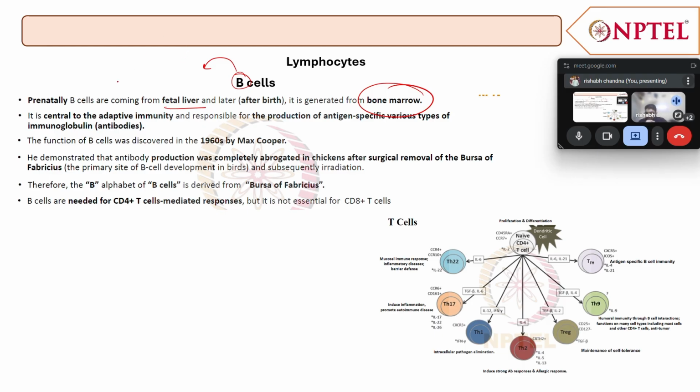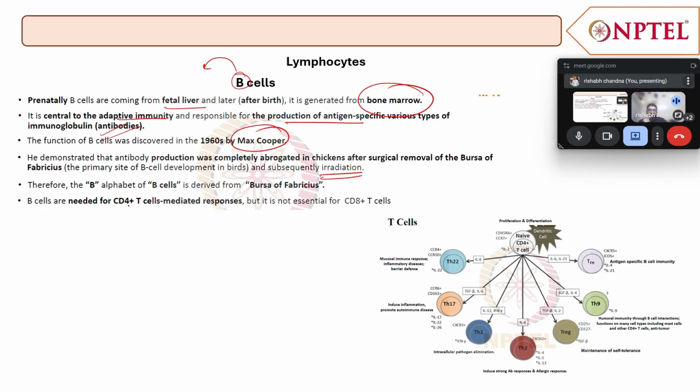It is central to the adaptive immunity and helps in the production of antigen specific antibodies, that is immunoglobulins. This was discovered by Max Cooper, who demonstrated that production of antibody was completely abrogated in chickens after surgical removal of the bursa of Fabricius and subsequent irradiation.